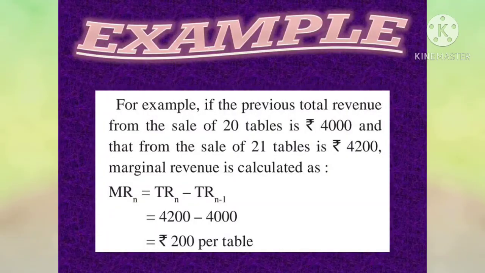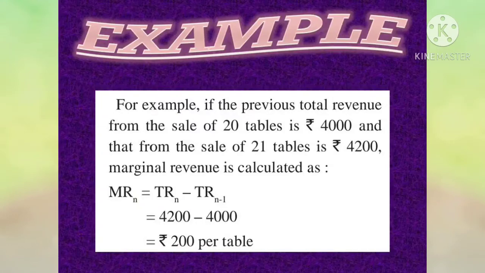Let us study one example of calculation of marginal revenue. If the previous total revenue from the sale of 20 tables is rupees 4,000 and that from the sale of 21 tables is rupees 4,200, then marginal revenue is calculated as MRn equals TRn minus TRn minus 1.